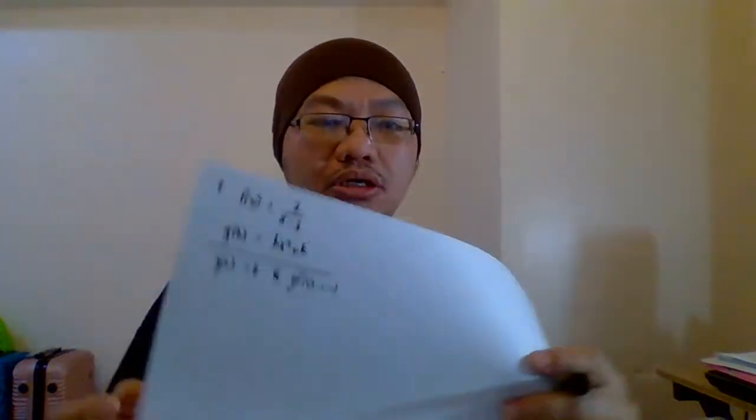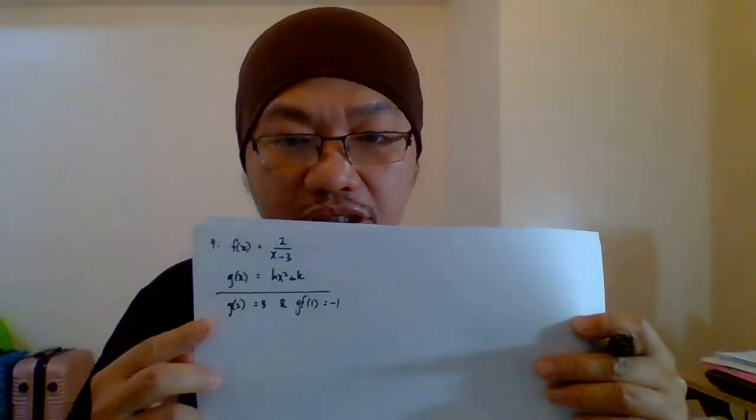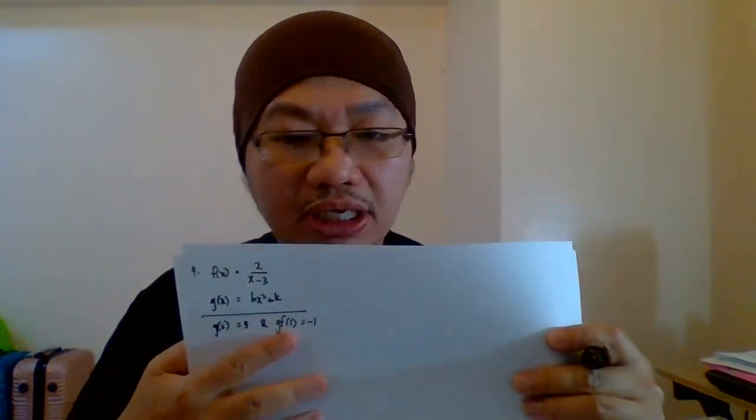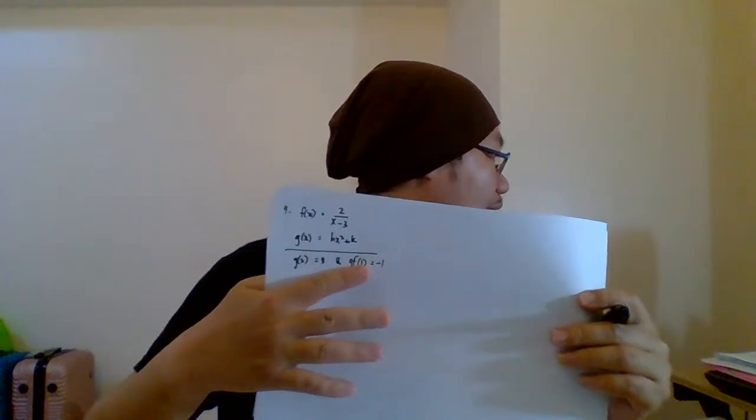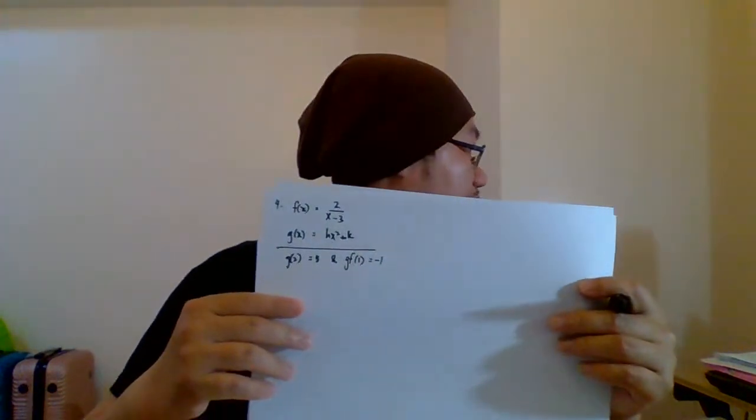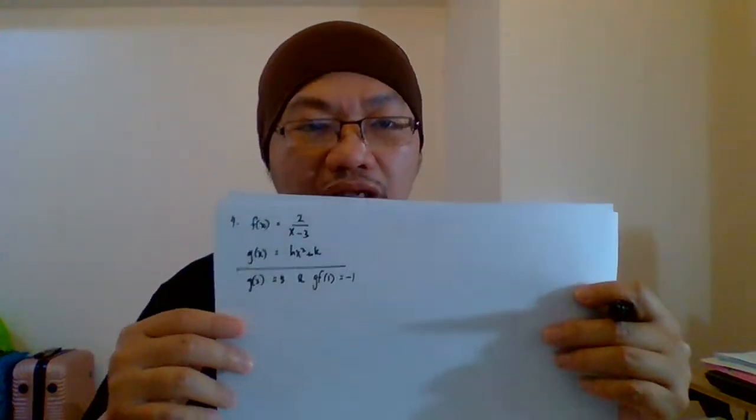That is the first info. The second info, g2 equals 5 and gf1 equals -1. From the information, g2 equals 5, gf1 equals -1. Find the value of h and k.